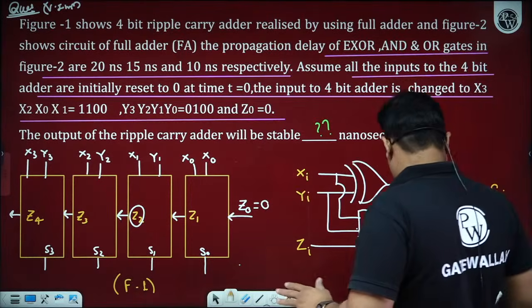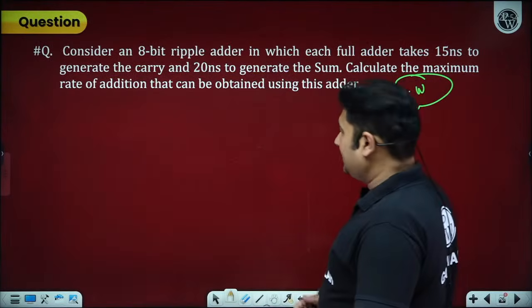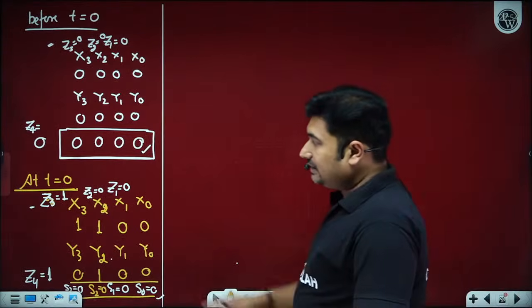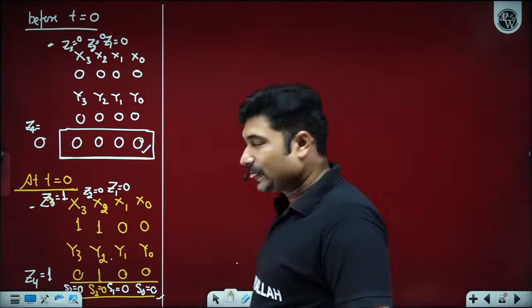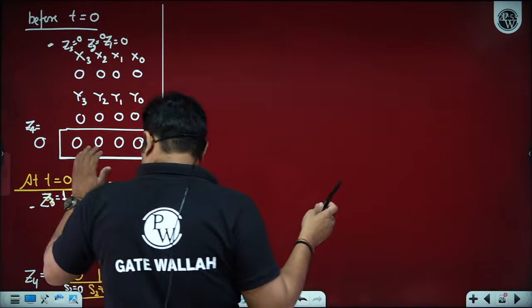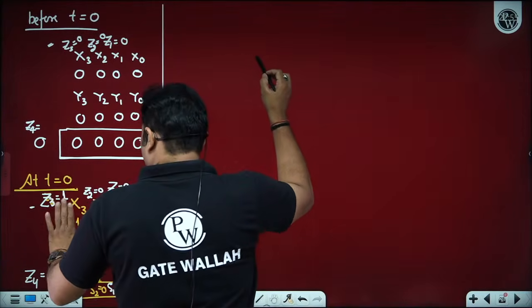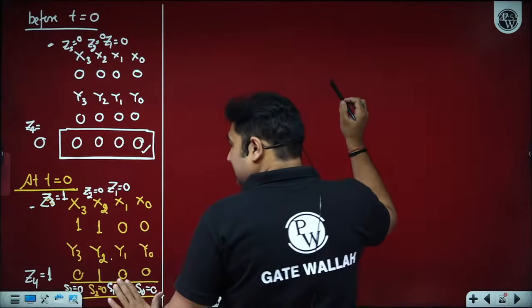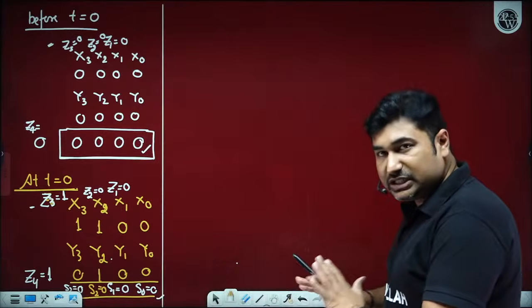Till Z2, we have the same data. How many of you are able to understand? Yes, sir. Now, when Z2 is the same, we talk about S2. Till S2, there is no change in the data.